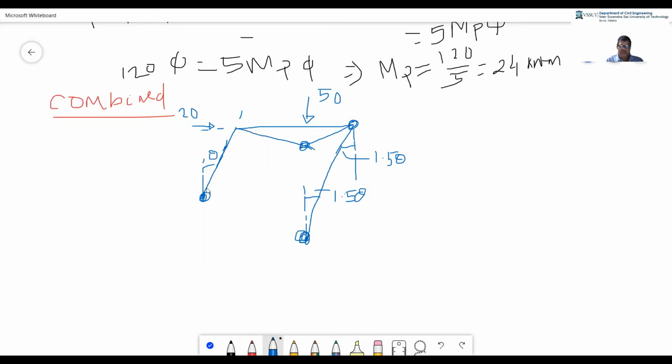Sorry, this is 4, this is 6. So phi is equal to 1.5 theta. If this value is theta, this value will be 1.5 theta.